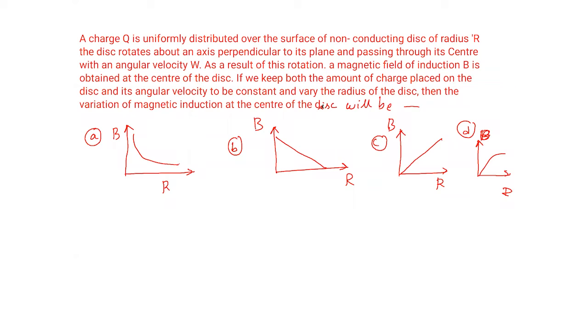Okay, do that, and then take 2 minutes time and do it and tell me that. Mathematically obtain the relation. Whether B is proportional to R, or B is inversely proportional to R, or B is proportional to R square, or B is inversely proportional to R square, you obtain that relation.